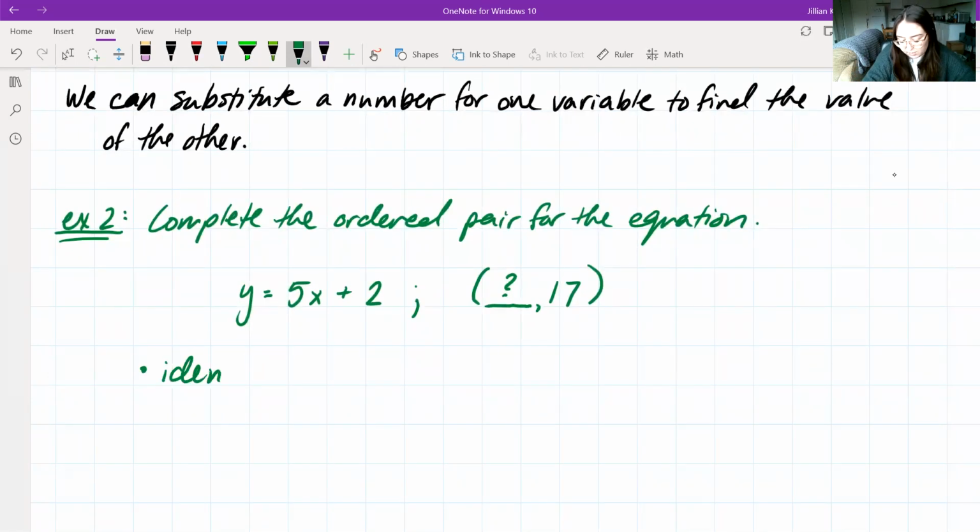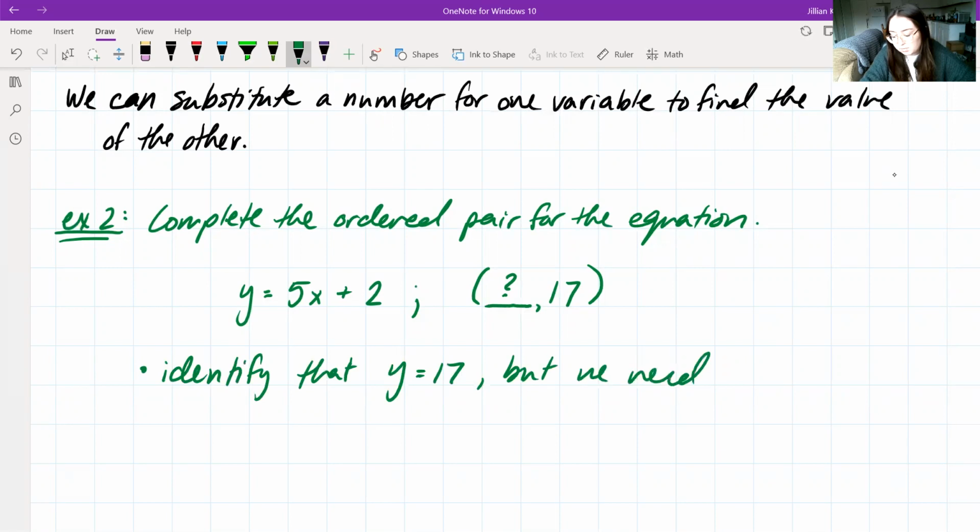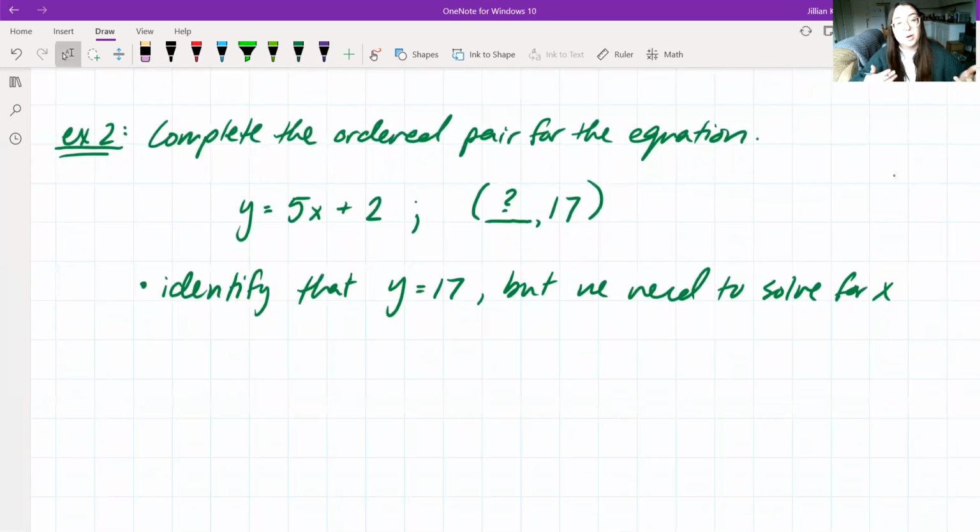So we can identify that in this case, y is equal to 17, but we need to solve for x. So we plug in 17 for y and see if we can solve for x. So our original equation is y is equal to 5x plus 2.